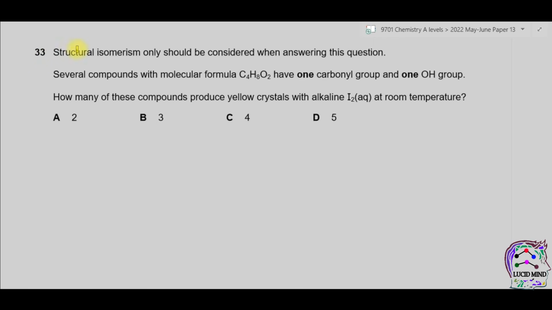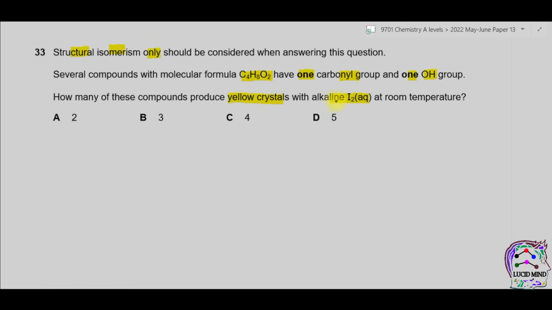Question 33. Structural isomerism only should be considered when answering this question. Several compounds with molecular formula C4H8O2 have one carbonyl group and one OH group. How many of these compounds produce yellow crystals with alkaline aqueous iodine at room temperature?